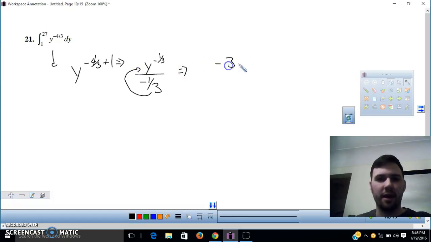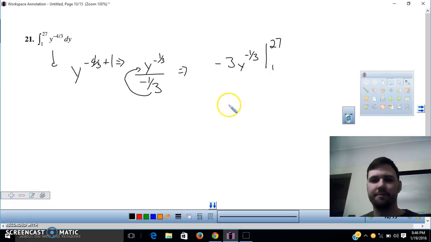So we get negative 3y to the negative 1/3. We're going to plug in 27 and 1. So you do negative 3 times 27 to the negative 1/3 minus negative 3 times 1 to the negative 1/3.